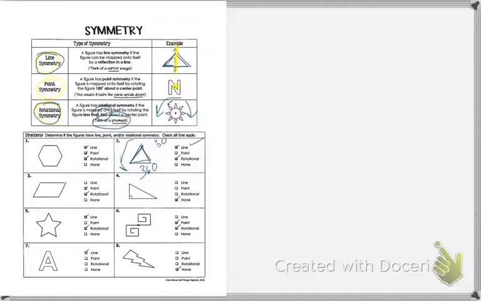Let's go to a harder one, like number 6. Can I use a line? Can I cut this and split it? This does not mirror on this side, and this will not mirror on this side. So it is not linear.